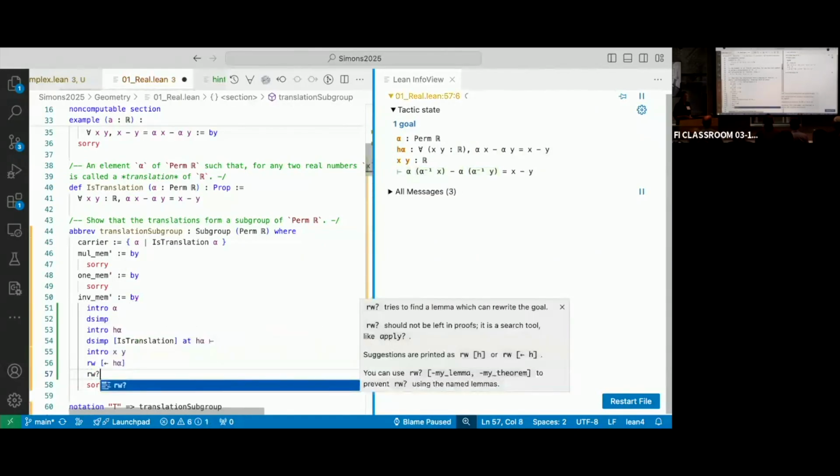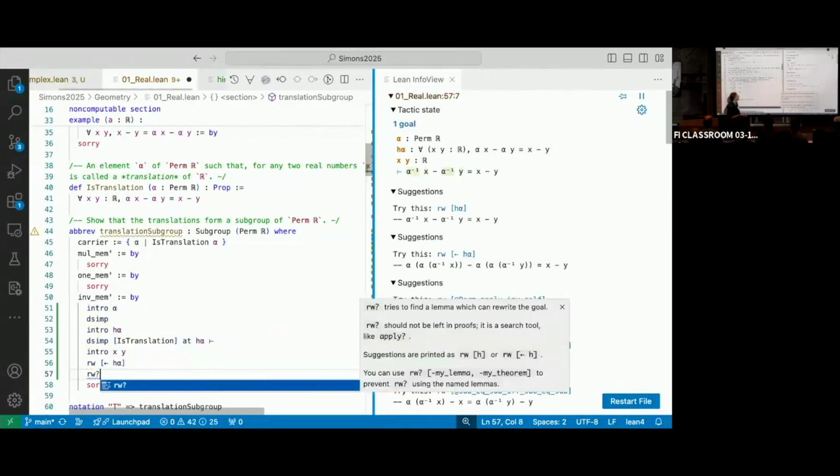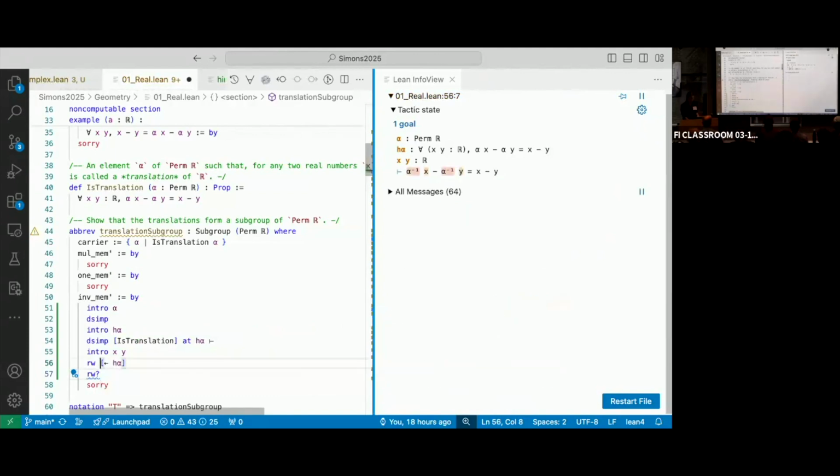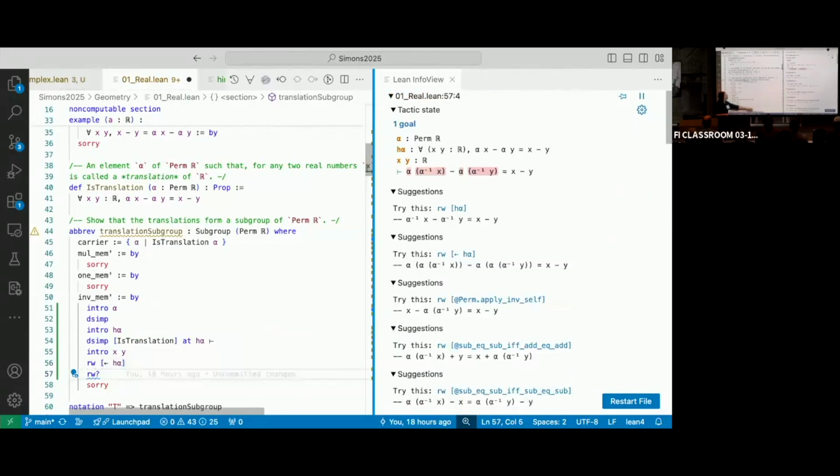It searches the library for lemmas that could be relevant. I'm doing that here because I know that any sensible library will have a lemma that allows me to turn alpha of alpha inverse of X into X. And so I know it's just a search problem to find whatever that statement is in the library.